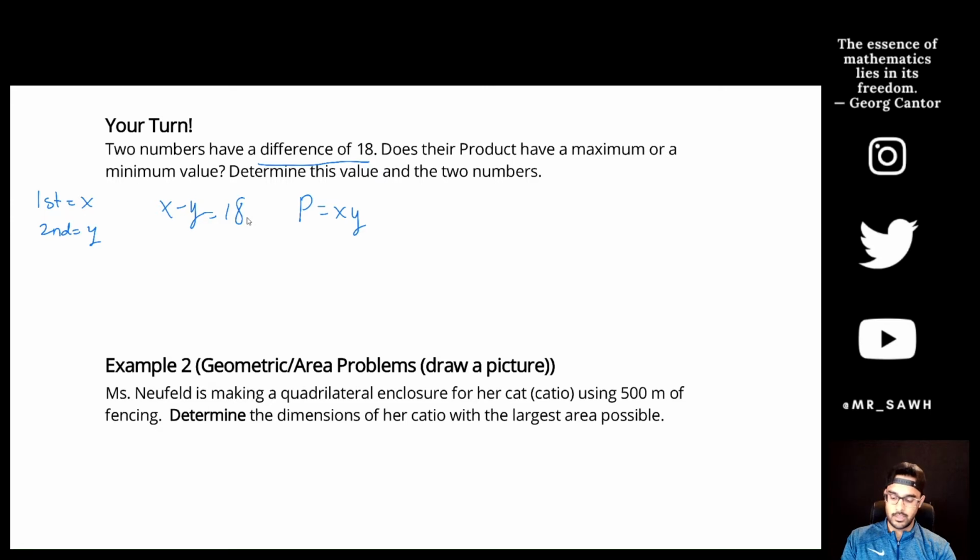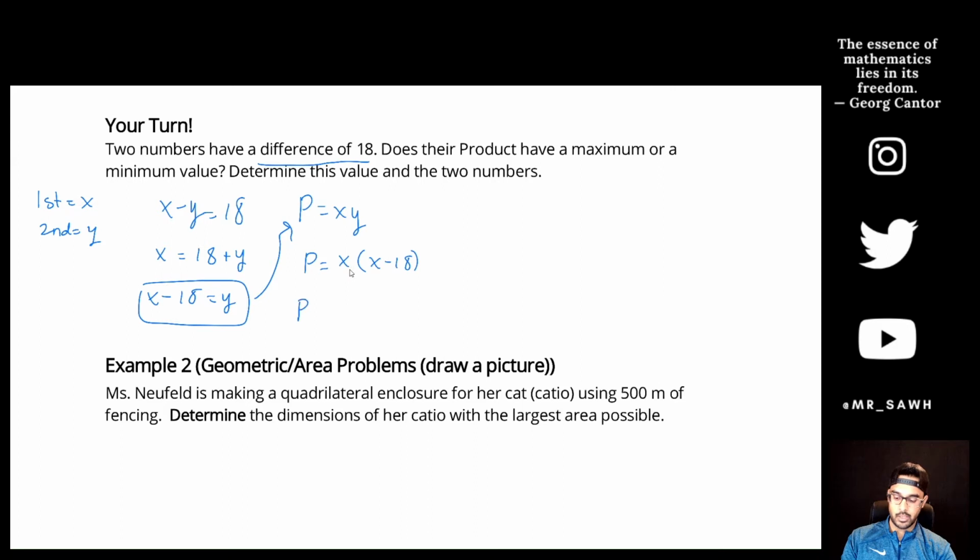So if x is equal to 18 plus y, that means x minus 18 is actually what y is equal to. Now I can put that into my product function, replacing what y is this time. And I get x minus 18 is y, multiplied by x.